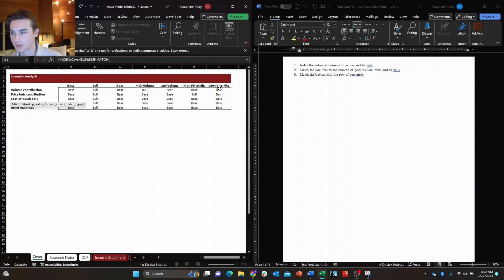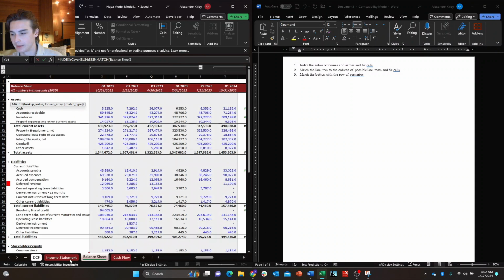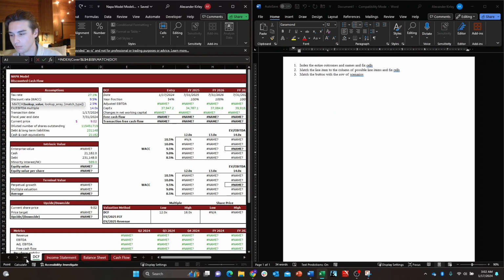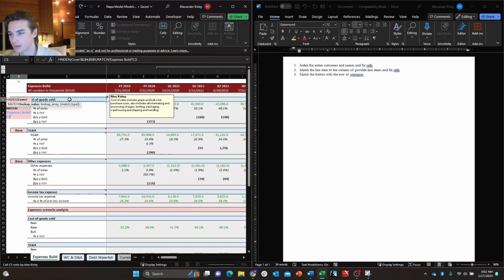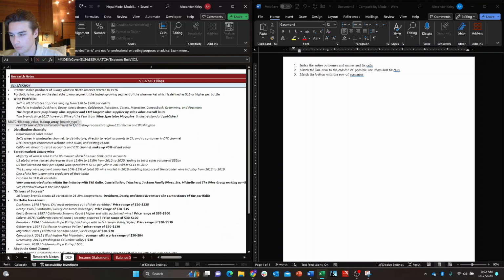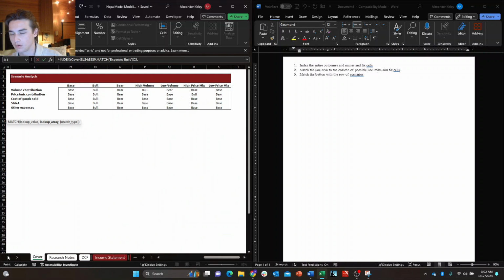Now we go to match. Time to match the line item. A little bit more difficult here. Time to match the line item, so our cost of goods sold, to the column of possible line items. I should fix that.